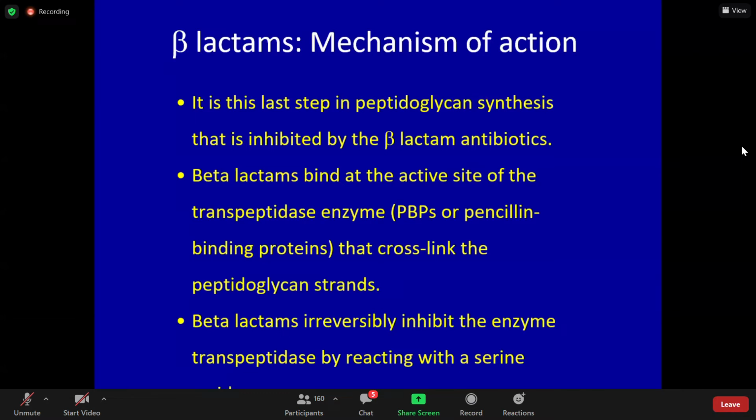Now you can figure out very well, if that enzyme, which is responsible for the cross-linking of those polymers, is inhibited, it will be just long strands of fibers which will not give rigidity or mechanical support to the cell, isn't it? In that case, cell wall synthesis is inhibited, and the cell becomes osmotically fragile.